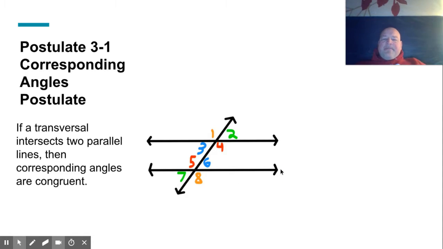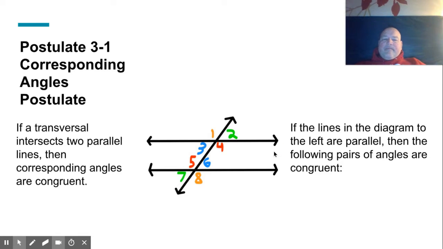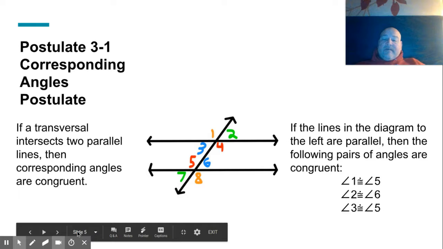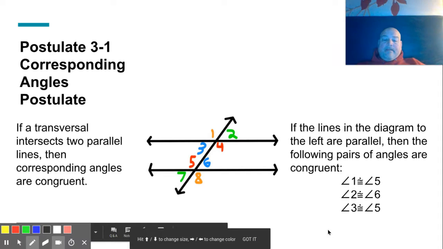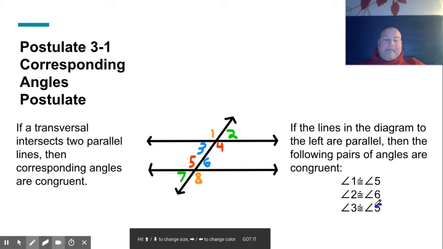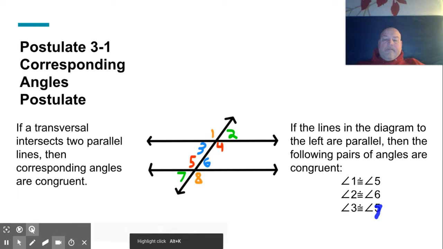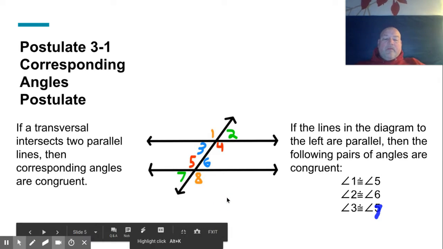So in our diagram, if the lines in the diagram to the left are parallel, then the following pairs of angles are congruent. 1 is congruent to 5, 2 is congruent to 6, 3 is congruent to 7 (that should say 7), and 4 is congruent to 8.